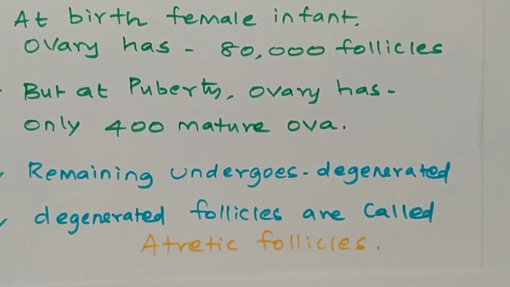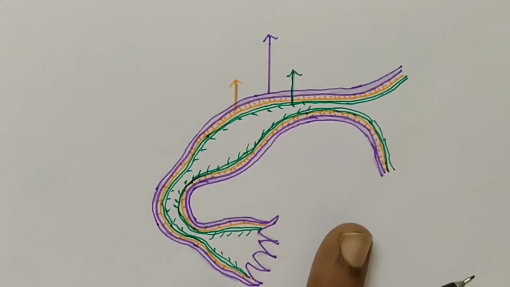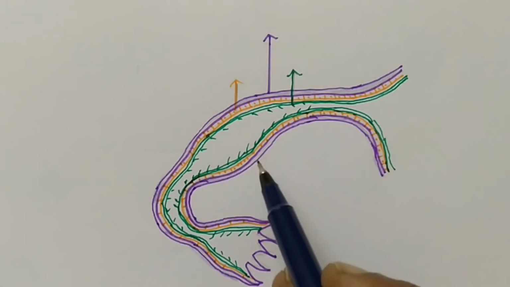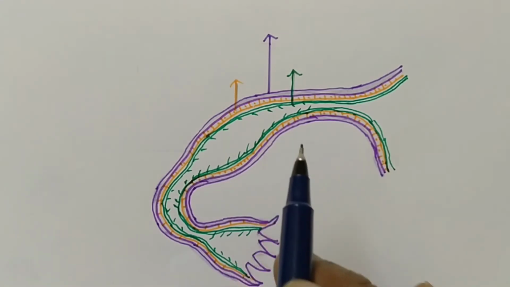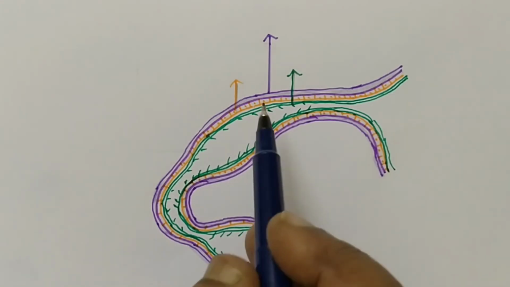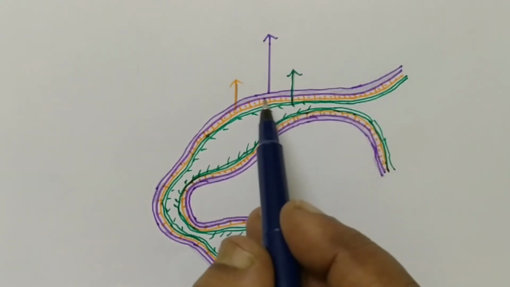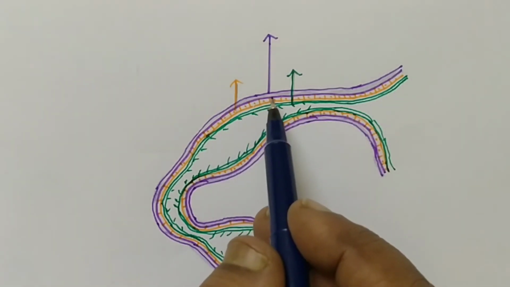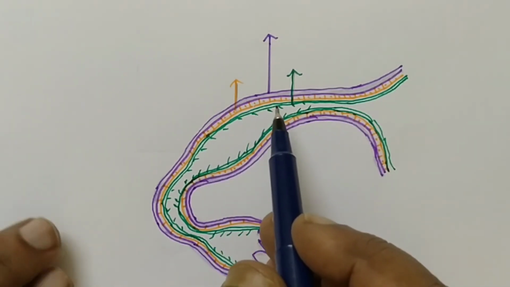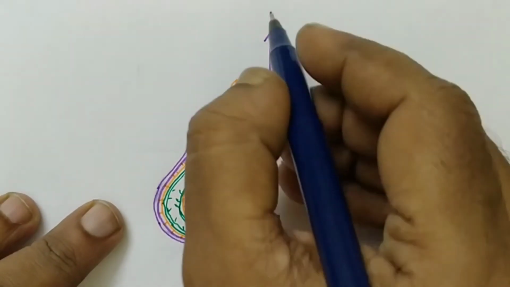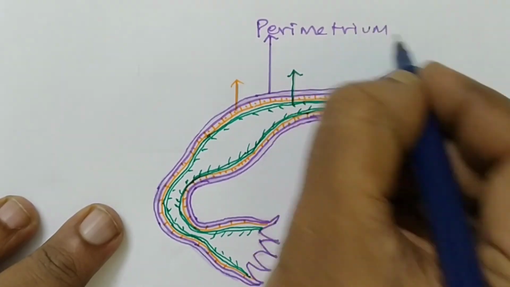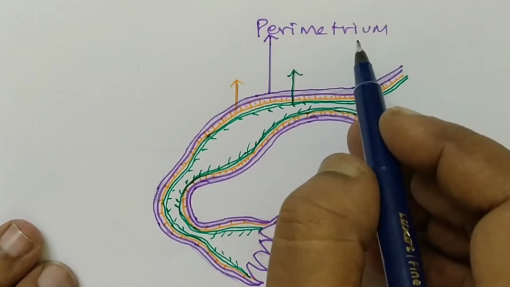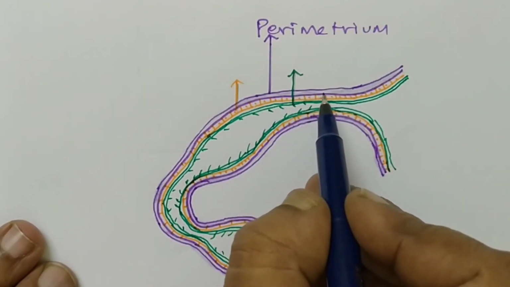Students, now we are going to discuss the histology of the fallopian tube. Histology means the wall of the fallopian tube is made up of 3 layers. The outermost layer, which I mentioned in purple color, is termed the perimetrium. Perimetrium has many names: serosa, adventitia, or visceral peritoneum.